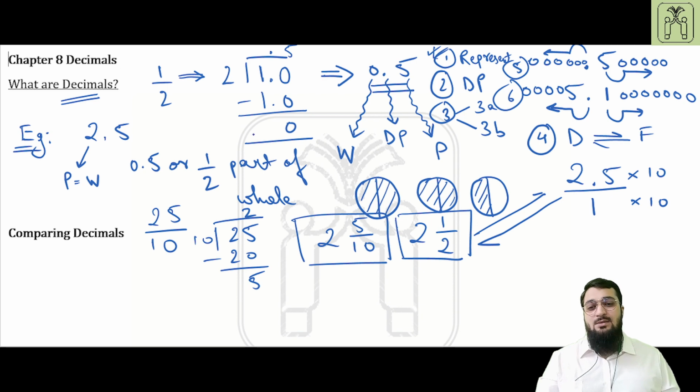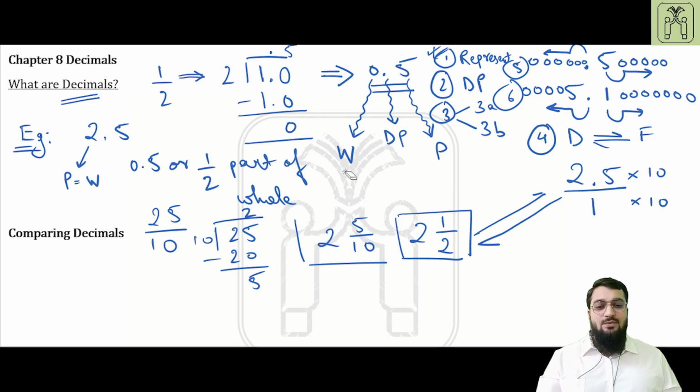The last point which I would like to mention is that if a 0 is placed between a non-zero number and the decimal point, either on the left or on the right, then it will have a difference in its value.